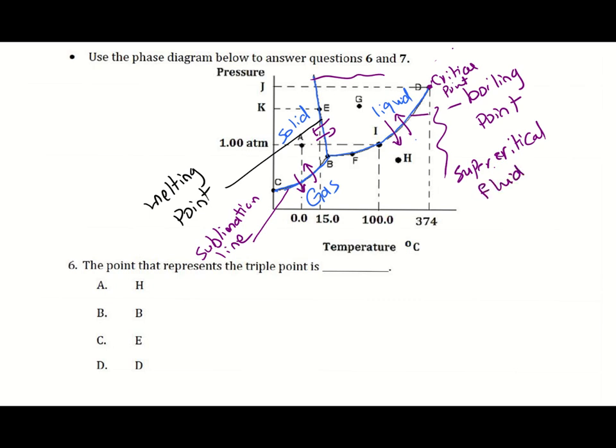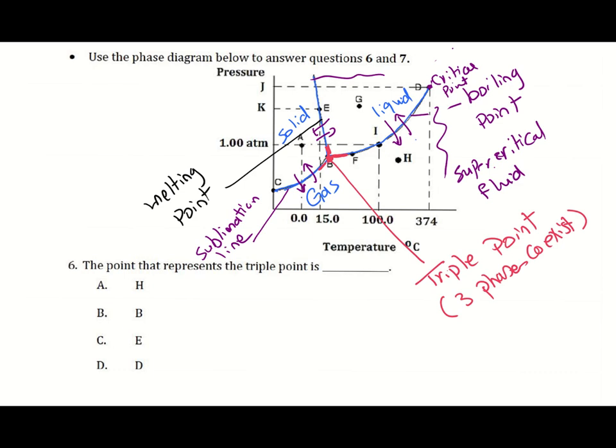Now we can answer the question: what is the point which represents the triple point? Triple point is where the three phases coexist. Here is the liquid, here solid, and this is gas. At this point, which we call triple point, the three phases coexist.